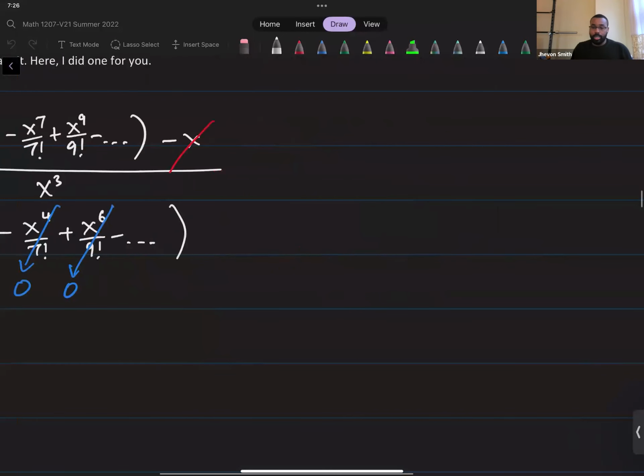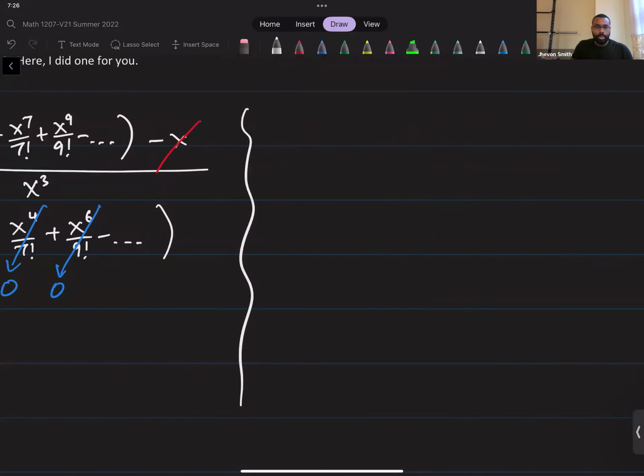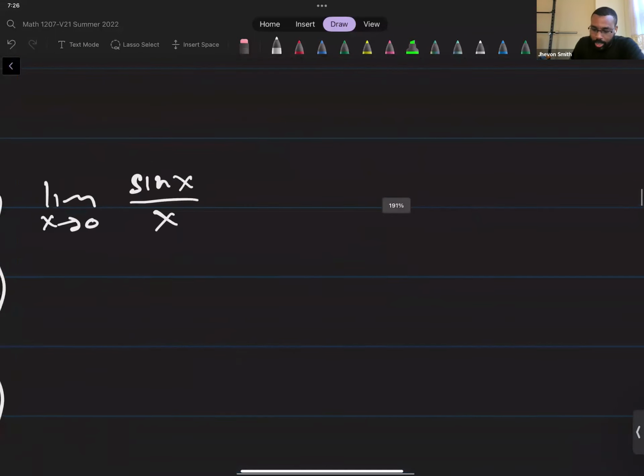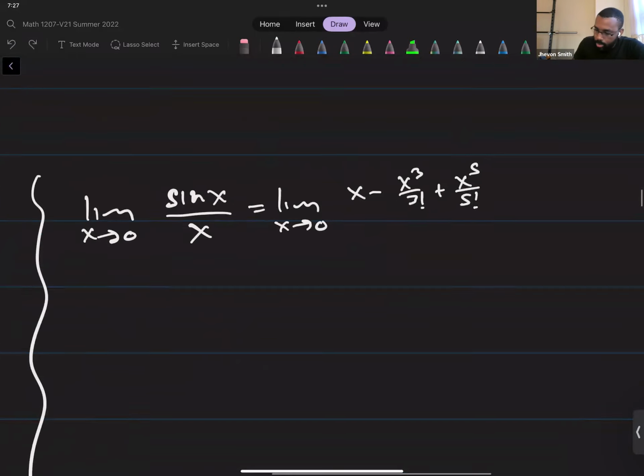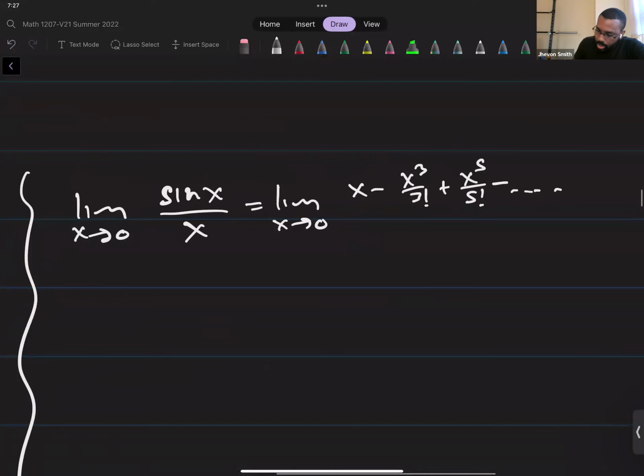By the way, it's another reason you can also see this. I didn't plan on doing this, but it just occurred to me. The limit as x approaches 0 of sine x over x, right? Another way to derive that is to realize that this is just the limit as x approaches 0 of x minus x cubed over 3 factorial plus x to the 5th over 5 factorial minus so on, all over x.